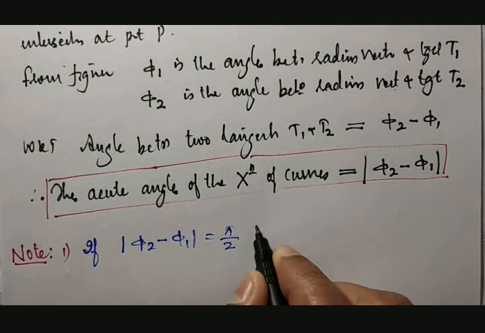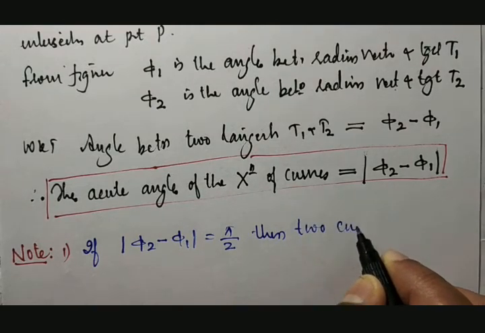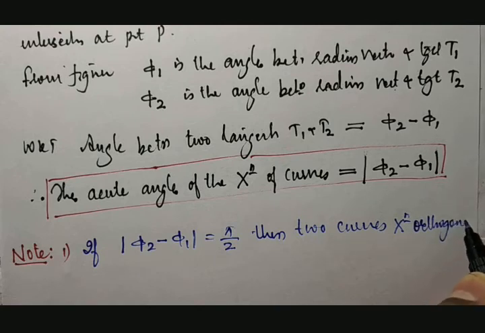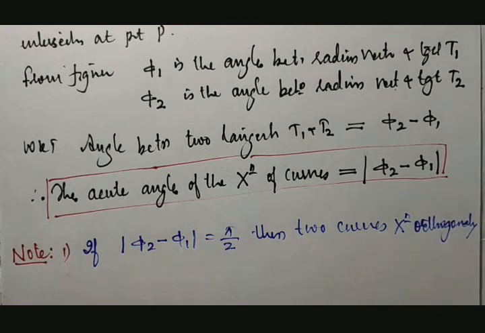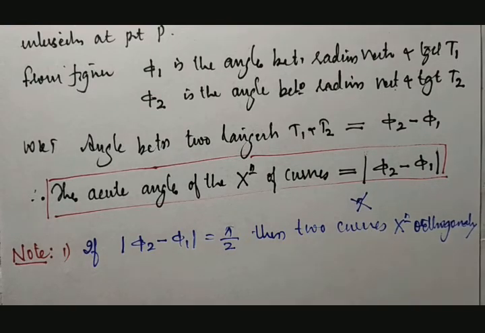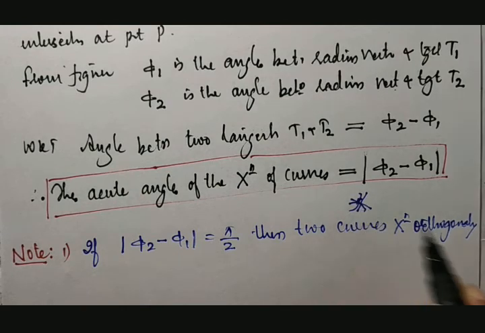Then the two curves intersect orthogonally. This you know already with the straight line. If the angle between the two curves is 90 degrees, then they intersect orthogonally. This is one curve and this is another curve. Or if you take the curves, if they intersect at 90 degrees, that is called orthogonal.